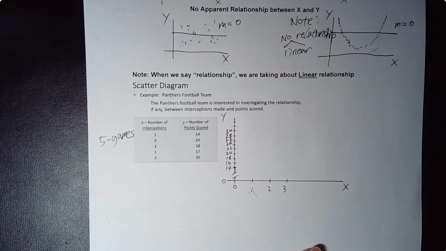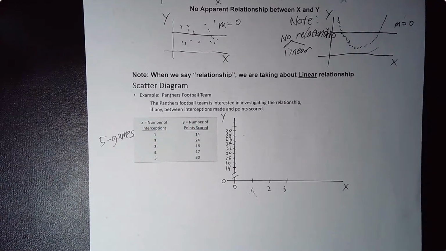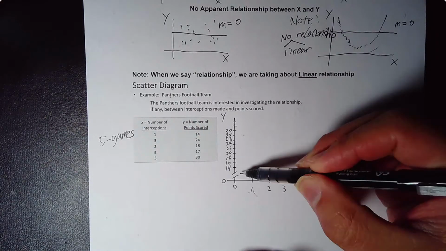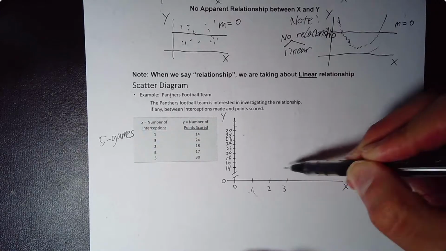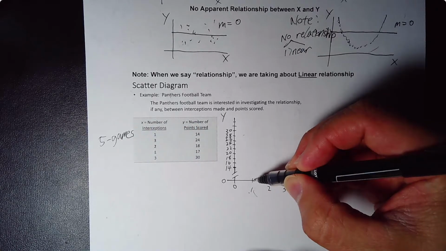Now I can fit all my graph right here, and I don't have any wasted space. If I didn't do that, then obviously I'd have a big blank space on the bottom here.